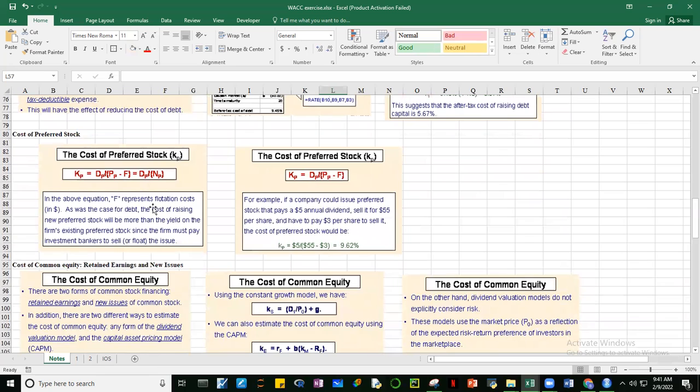Tapos yung cost of equity, cost of preferred stock. Okay, the computation for the cost of preferred stock is K sub P, okay, or others call this R sub P. Return ng preferred stock is equal to D sub P, dividends, divided by the price of the preferred stock minus the flotation cost. So makikita natin sa isang example yan.